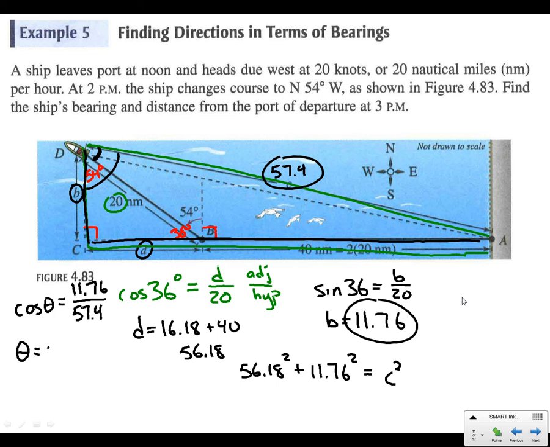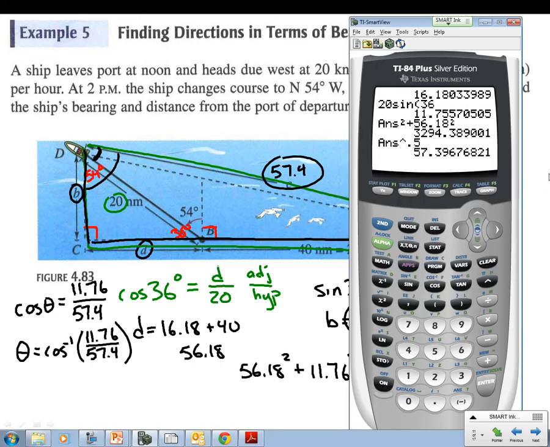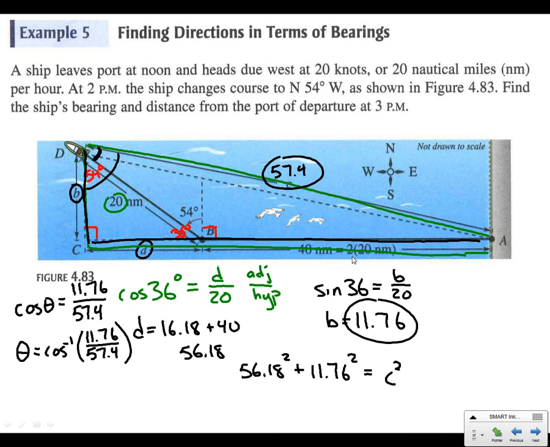We use the inverse cosine. We'll plug that into our calculator, making sure we're still in degrees, which we haven't changed. Second cosine, 11.76 divided by 57.4, and 78.2 degrees. The whole thing is 78.2 degrees. Let's subtract the 54.